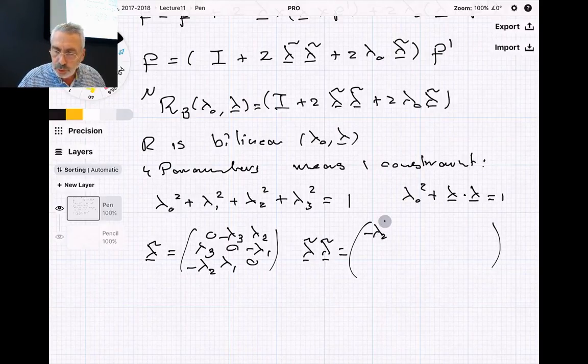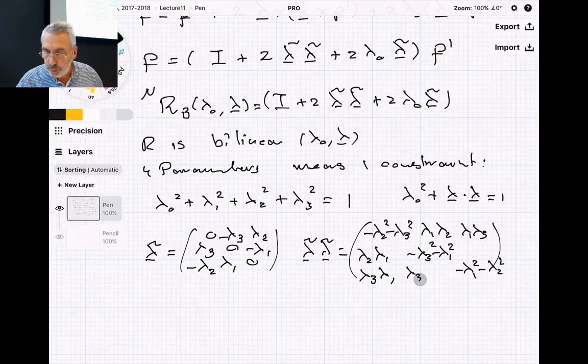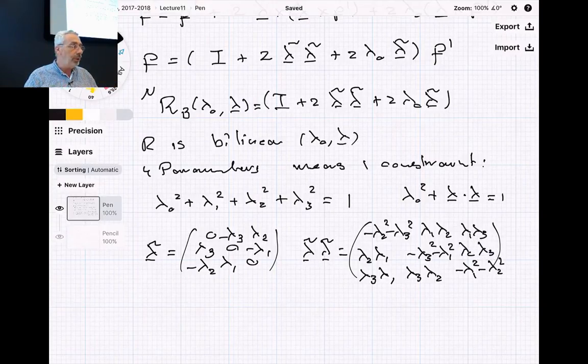But then minus lambda 2 squared, minus lambda 3 squared, minus lambda 3 squared, minus lambda 1 squared, minus lambda 1 squared, minus lambda 2 squared. That was on the diagonal. And then the off-diagonal terms were lambda 1 lambda 2, lambda 1 lambda 3, and of course it's symmetric, lambda 2 lambda 1, lambda 3 lambda 1, lambda 3 lambda 2, and this should be lambda 2 lambda 3. This had a lot of resemblance with the inertia tensor, the integral of these two products.